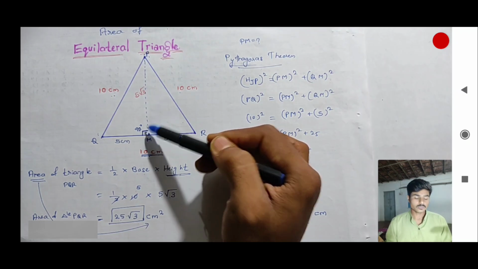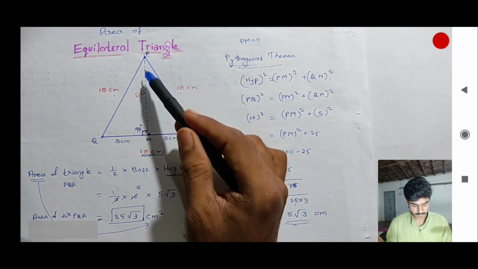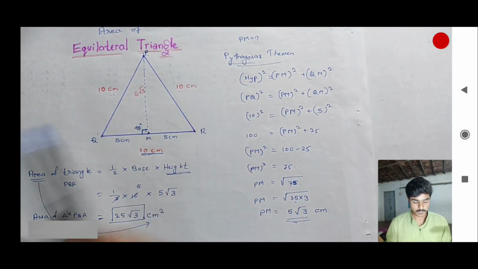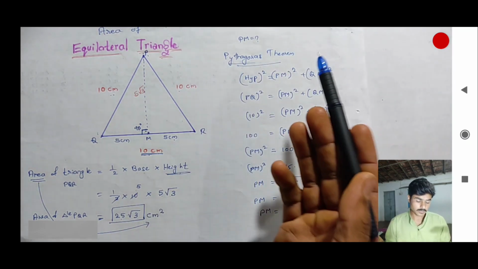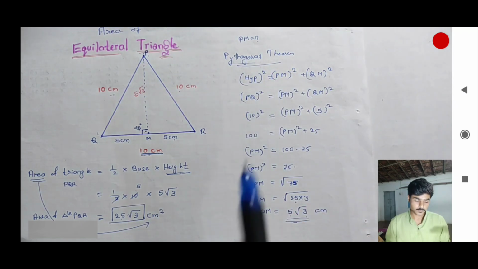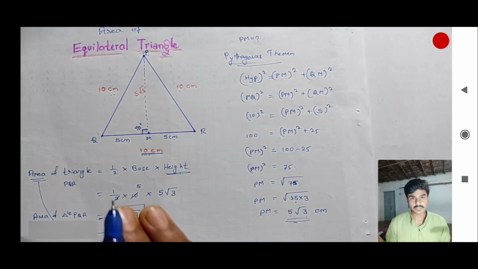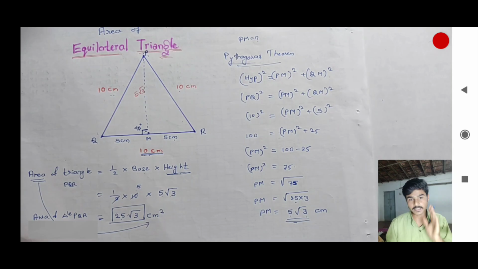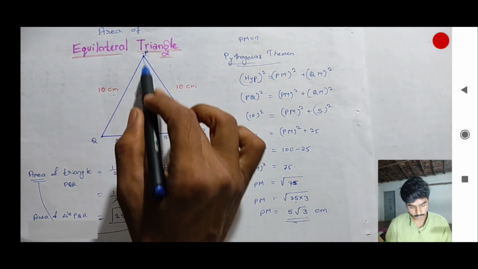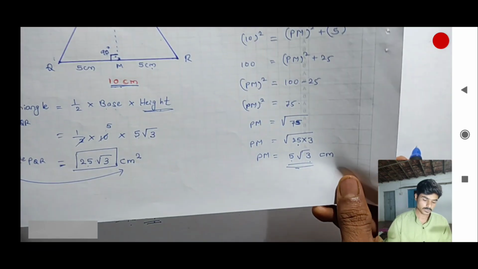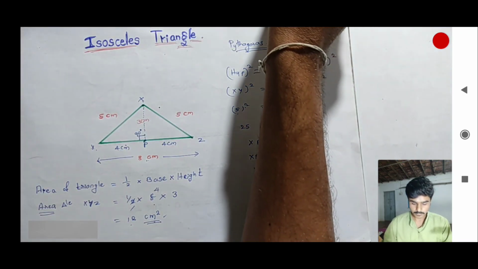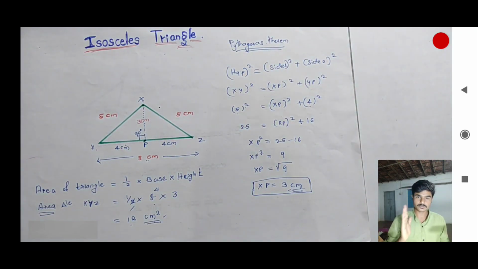Because in order to find height, we need to take the help of Pythagoras theorem, but Pythagoras theorem holds good only for right angle triangles. So in order to create a right angle, we have drawn the perpendicular here.